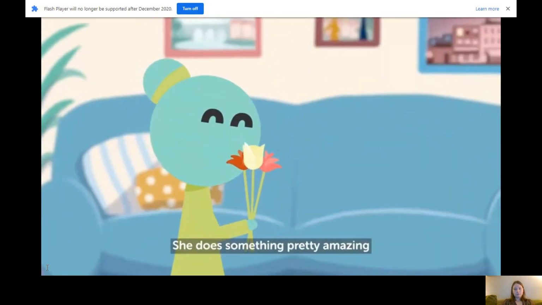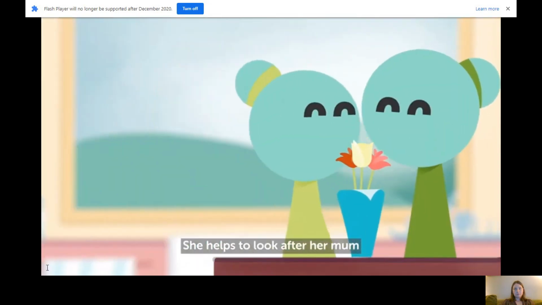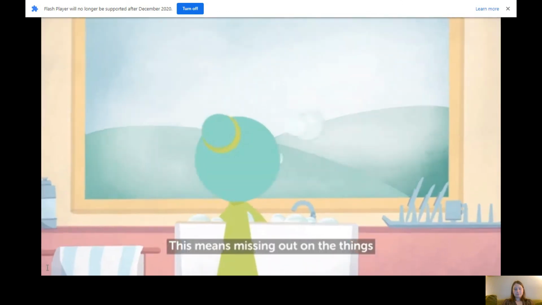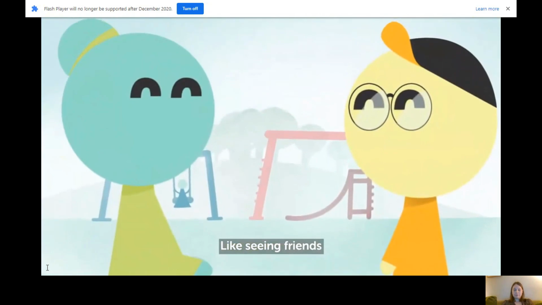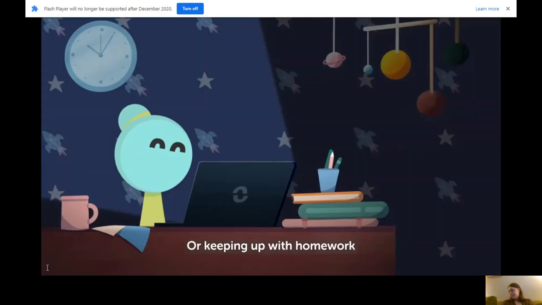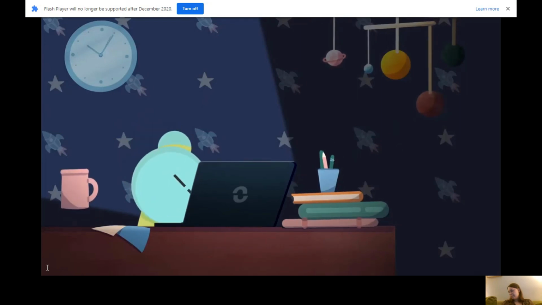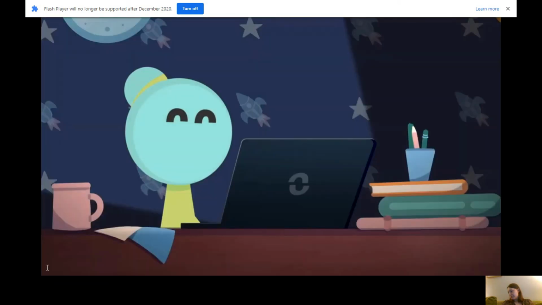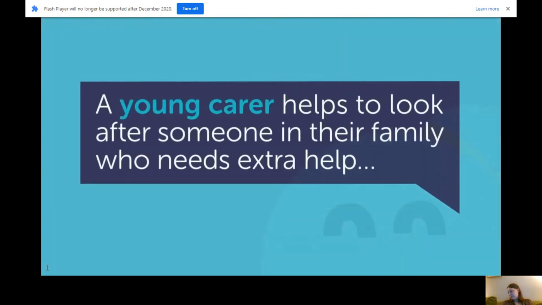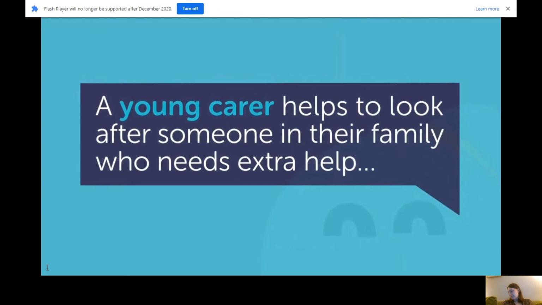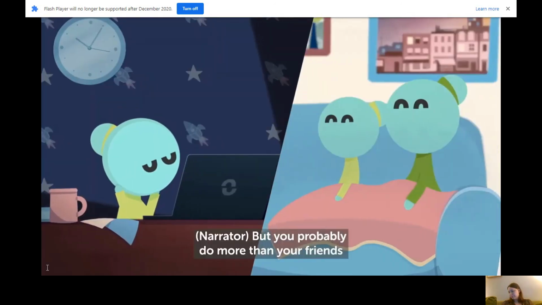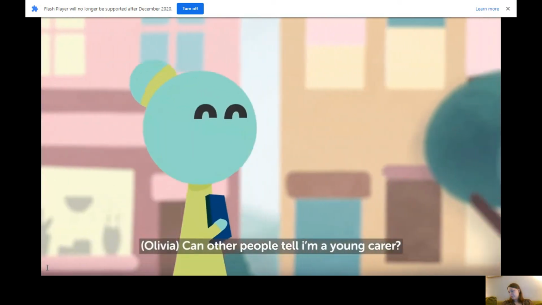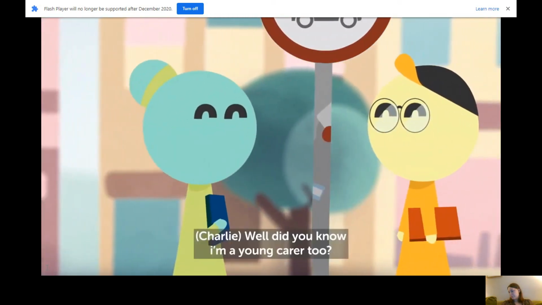This is Olivia. She does something pretty amazing. She helps to look after her mum and takes on a lot of responsibility for somebody her age. This means missing out on the things that most kids do, like seeing friends or keeping up with homework. Olivia is a young carer, but she doesn't know it yet. What's a young carer? A young carer helps look after someone in their family who needs extra help. I'm just helping out. But you probably do more than your friends. I guess so. Can other people tell I'm a young carer? Well, did you know I'm a young carer too?